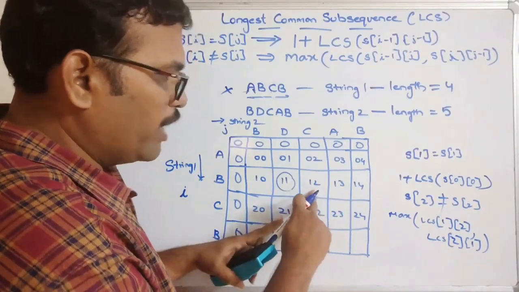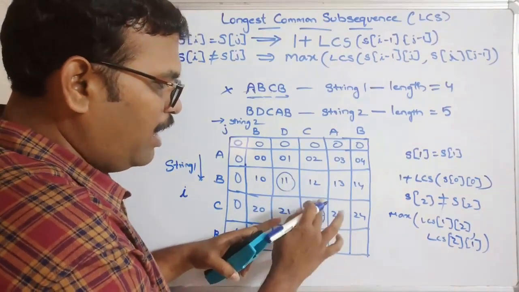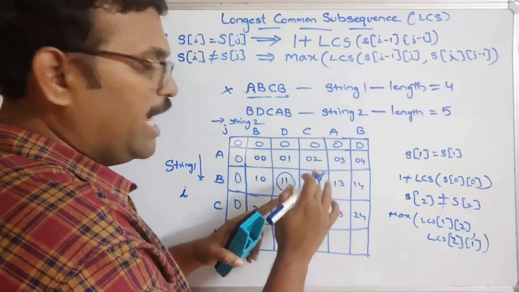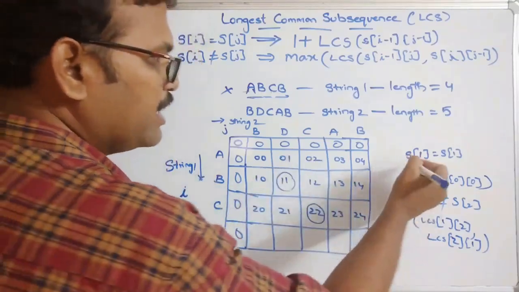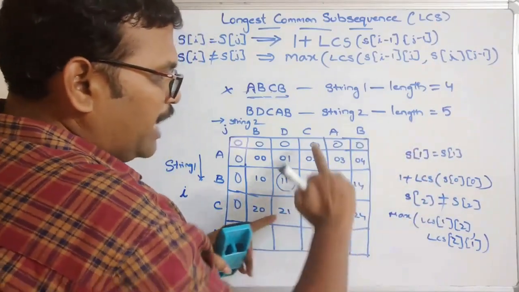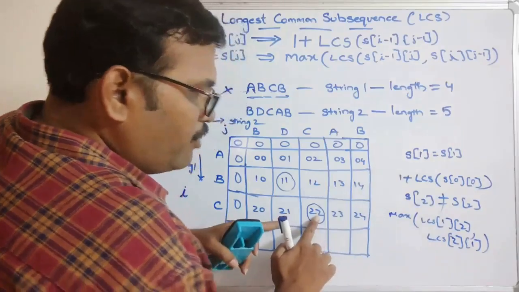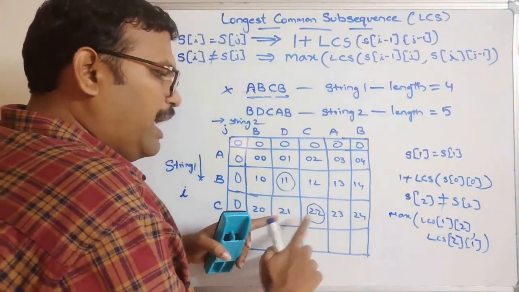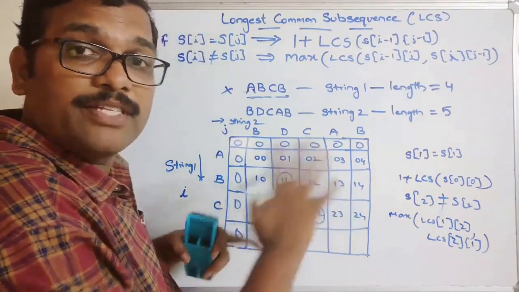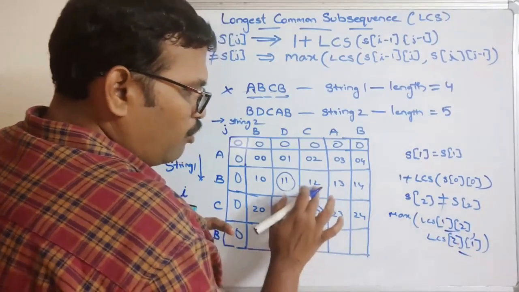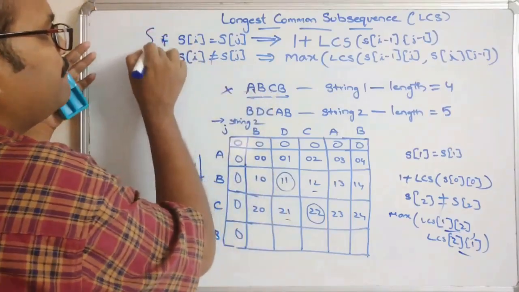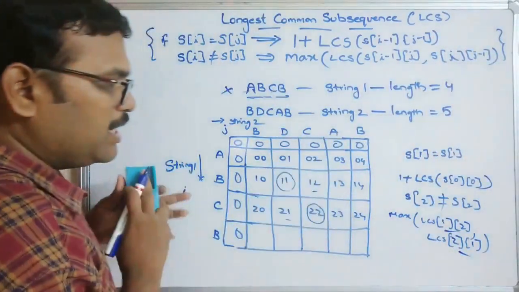So we are checking this particular cell, and if both the elements are not equal, then we have to check the maximum of either the previous row or previous column. So the same thing: 1, 2 means this one, 2, 1 means this one. So we need to remember these two formulas, and we have to fill out the whole table.